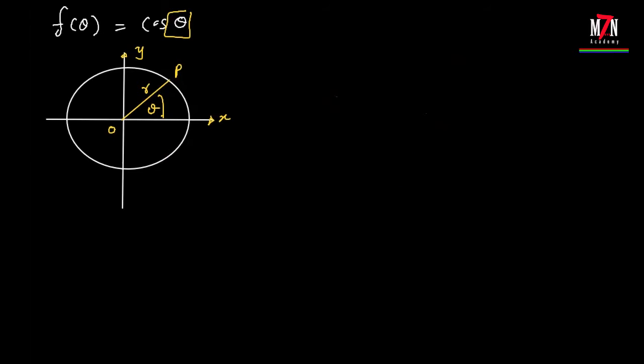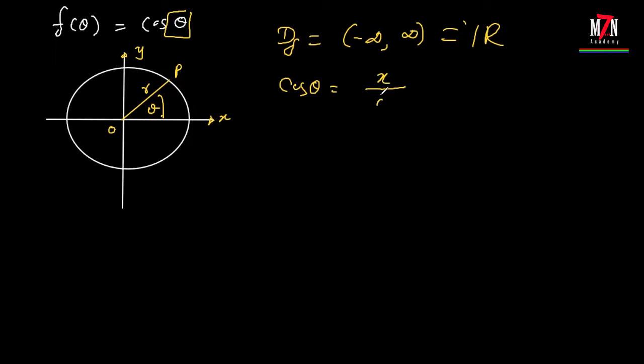So it's the same as the sine theta function. So D f you can write as from -infinity to +infinity, or the set of real numbers. Then when it comes to the range, you can define cos theta as the x coordinate of OP divided by OP, where we take the length OP as r.